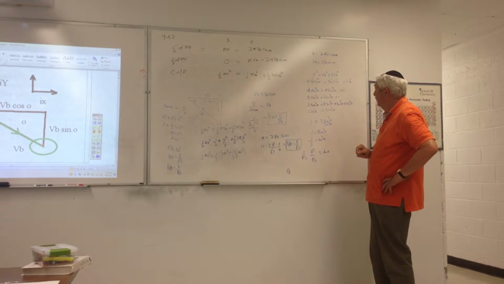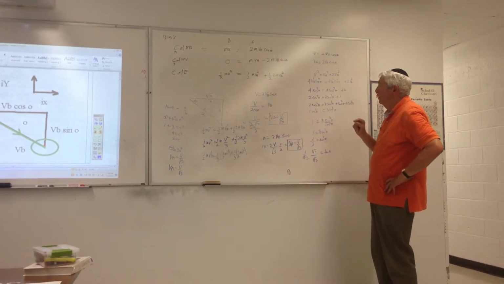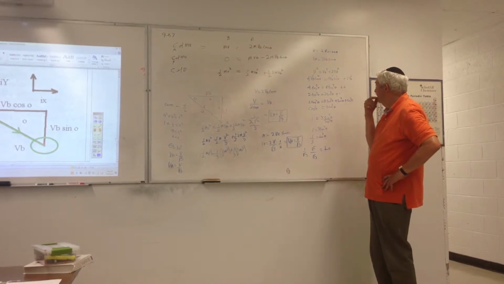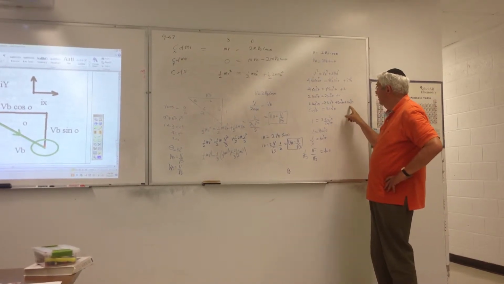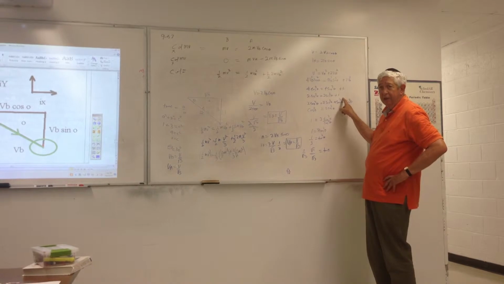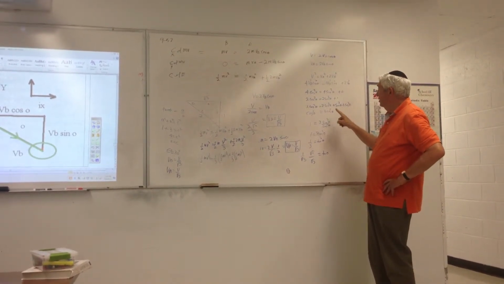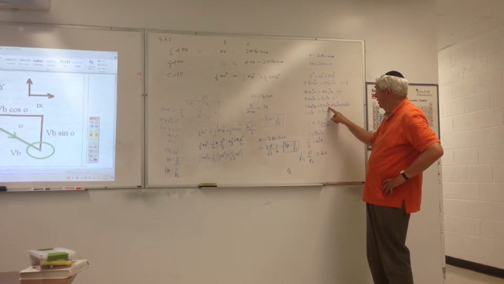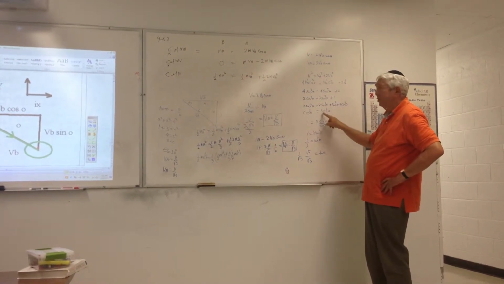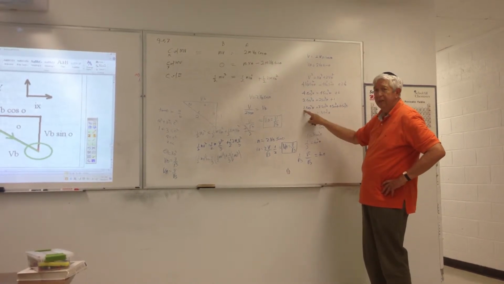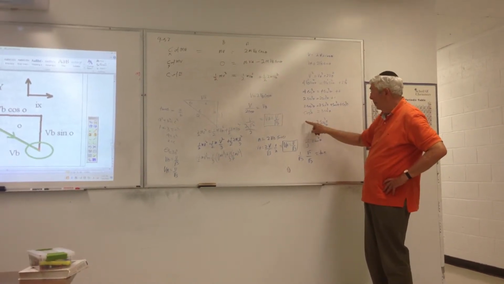Now, what is 1? It's a trigonometric identity: sine squared theta plus cosine squared theta equals 1. So now, can we combine the terms? Here we have 2 sine squared theta plus sine squared theta, 3 sine squared theta. Here we have 1 on this side and 2 on this side, so there's 1 on this side.